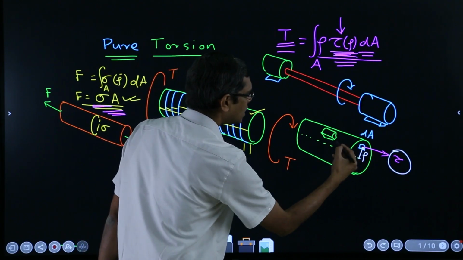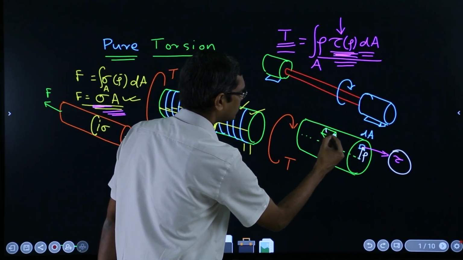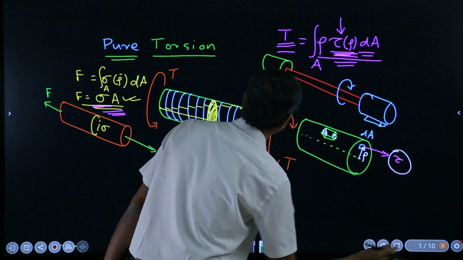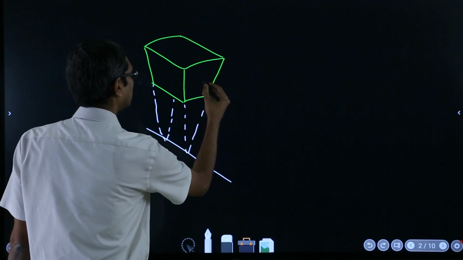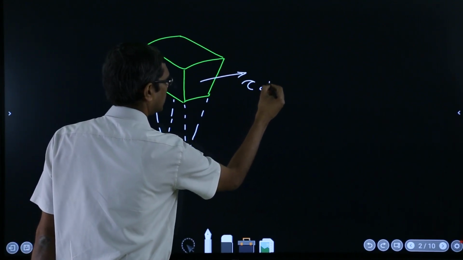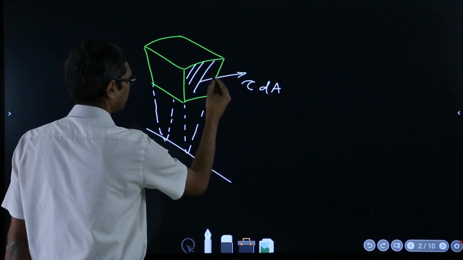This tau is acting on this surface and the surface on the other side. So tau dA was the force which was acting on this surface.